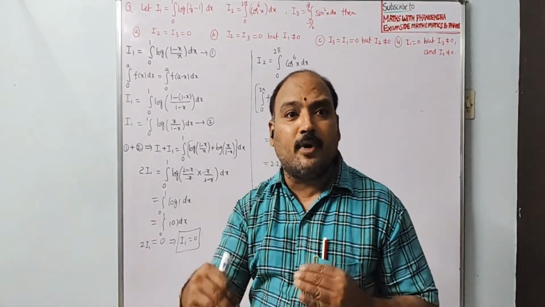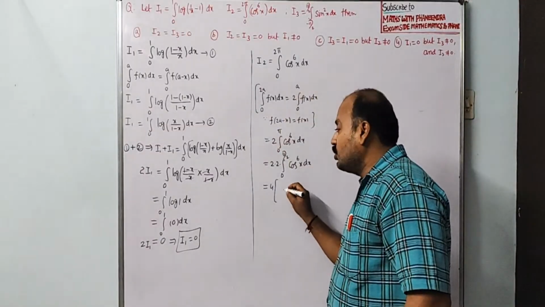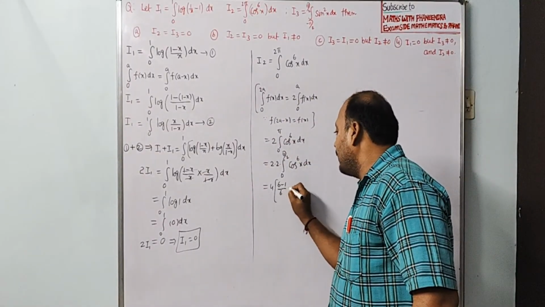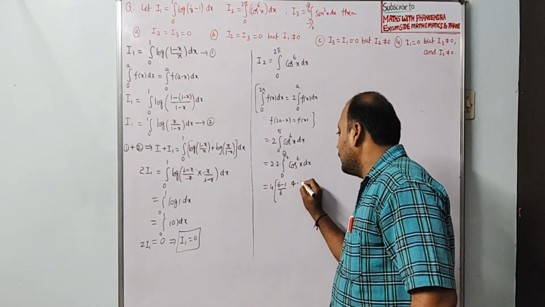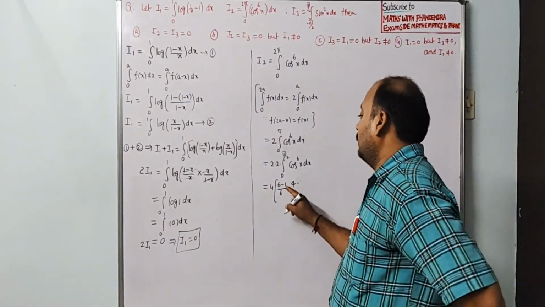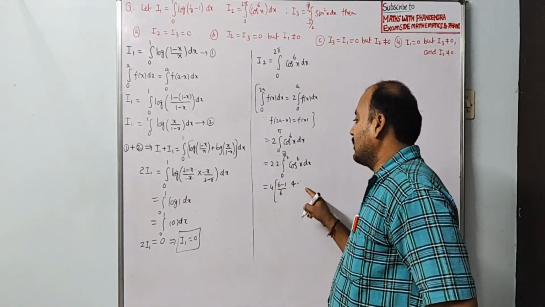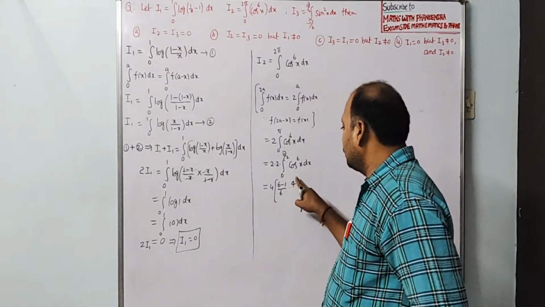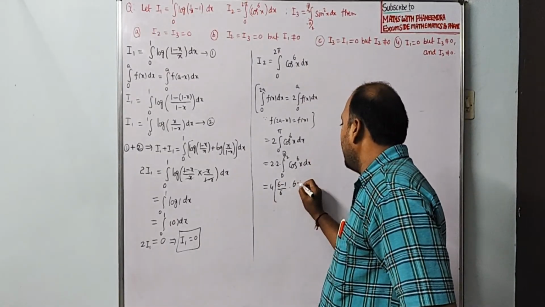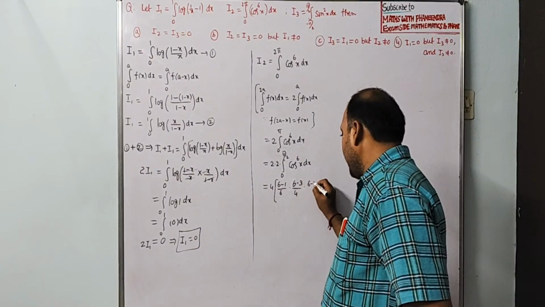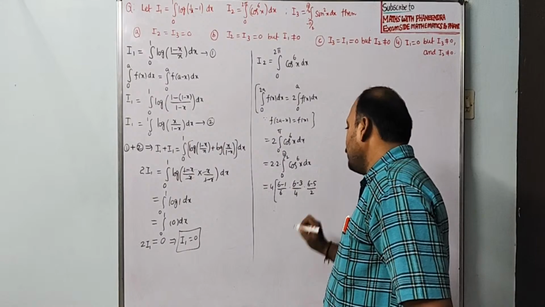When n is even number, n minus 1 by n, that means 6 minus 1 divided by 6, like this it comes now, 6 minus 1 by 6, 6 minus 3 by 4, next 6 minus 5 divided by 2.